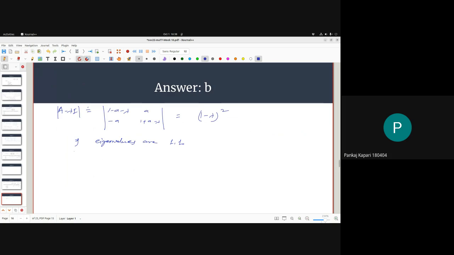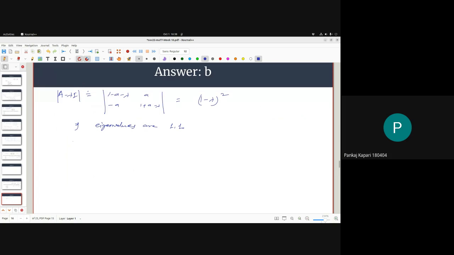For finding the eigenspace, we have to solve the equation A minus lambda identity, with lambda equal to 1, times v equals 0. So what is A minus identity matrix? This is minus A, minus A, and A. Now you can see that this is row equivalent to, if we subtract the first row from the second row, minus A, A, 0, 0.